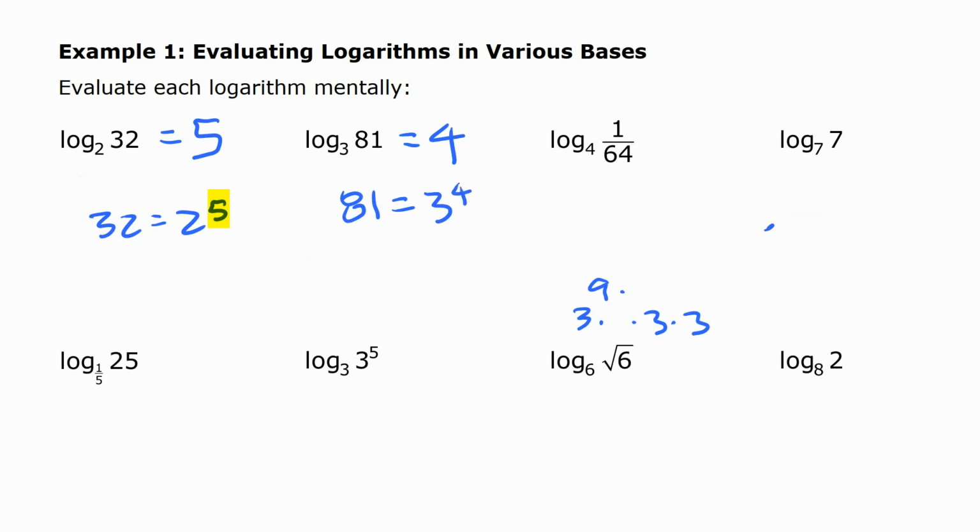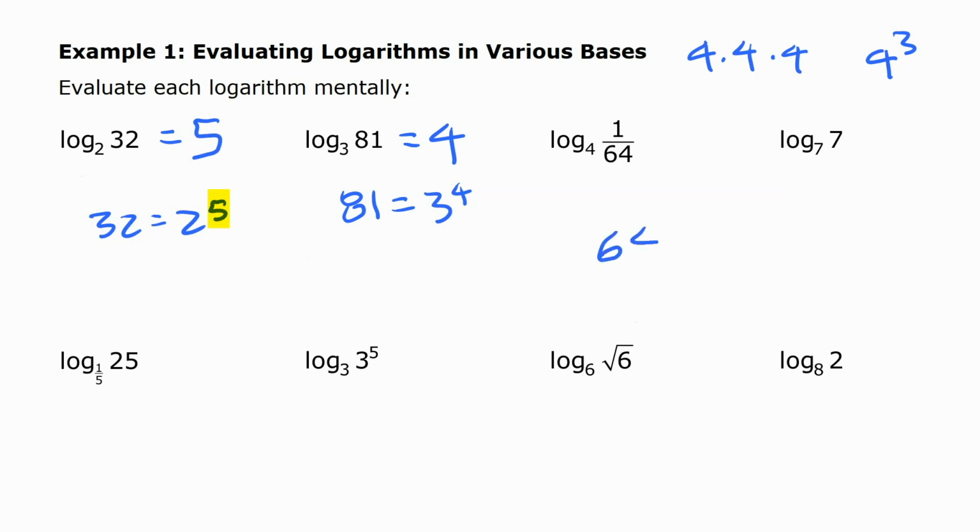The next one we have to think about maybe a little bit, because this fraction is the reciprocal of 64. Let's think about if this 1 wasn't there. Log base 4 of 64: you've got to try and get 64 from 4's, so think about how many you need. 4 times 4 is 16, times another one is 64. 4 to the third is 64. Now the problem is we have 1 over 64.